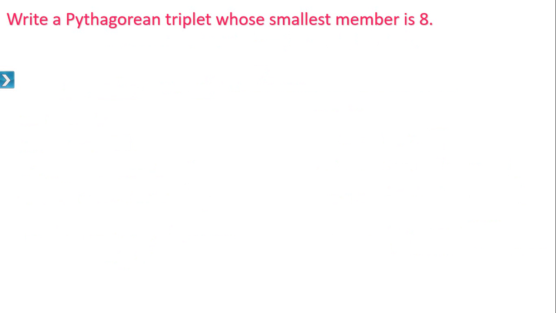By using this formula, we can find a Pythagorean triplet. Now, let us solve a problem based on Pythagorean triplets. Write a Pythagorean triplet whose smallest number is 8. Now, the formula to find a Pythagorean triplet is 2m, m square minus 1 and m square plus 1.